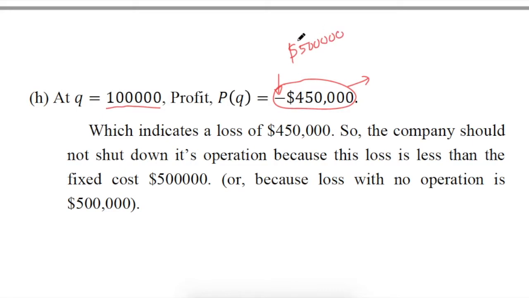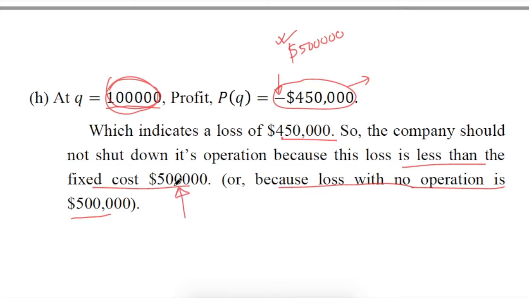So which one is better? Of course this one is better. So the company should not shut down its operation, because the loss with no operation is 5 lakhs. But with this, during a strike, the company can produce this amount of product, which indicates a loss of this. So the company should not shut down its operation, because this loss is less than the fixed cost, which is the total cost without operation.